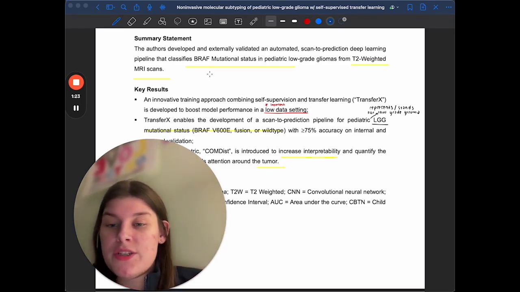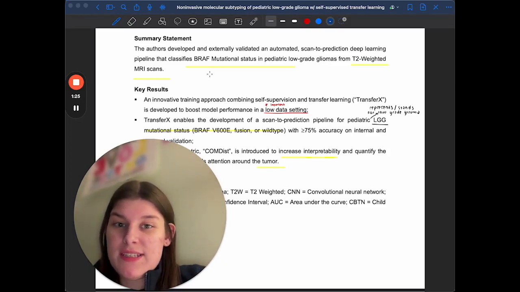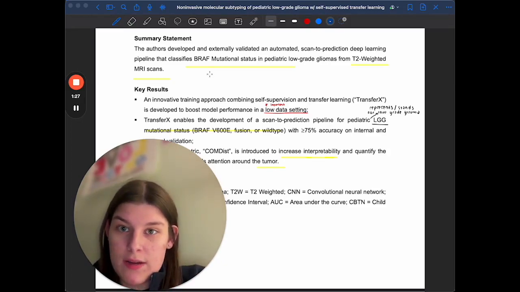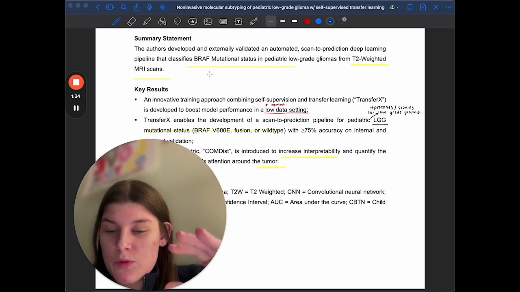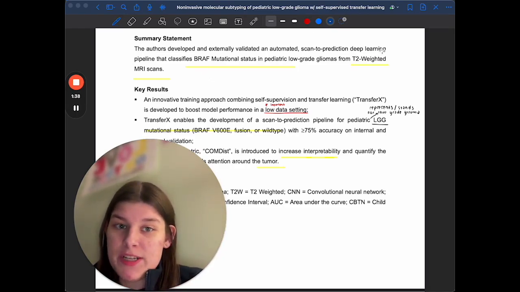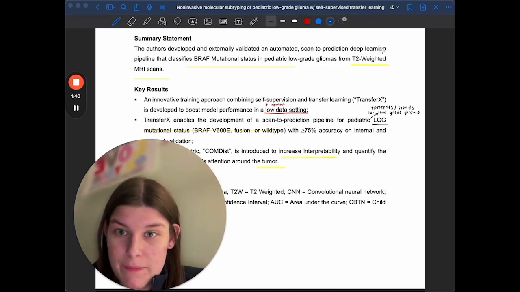So they were trying to increase the validity, take a multi-institutional approach, and also improve the workflow. It wasn't just going to be from the scans, but, as it says here, scan to prediction, a complete timeline, all automated within that machine learning.